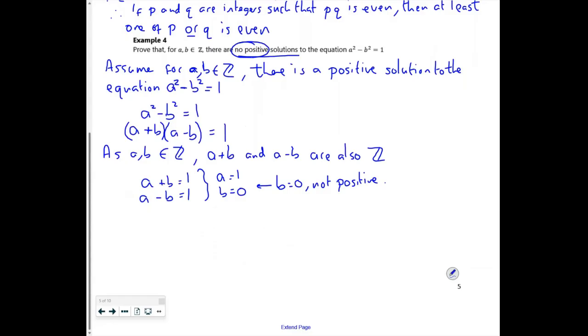So if I look to solve minus 1, should put plus there. It don't matter. Try solving that. Gives me that. And that's the same. These are both not positive.